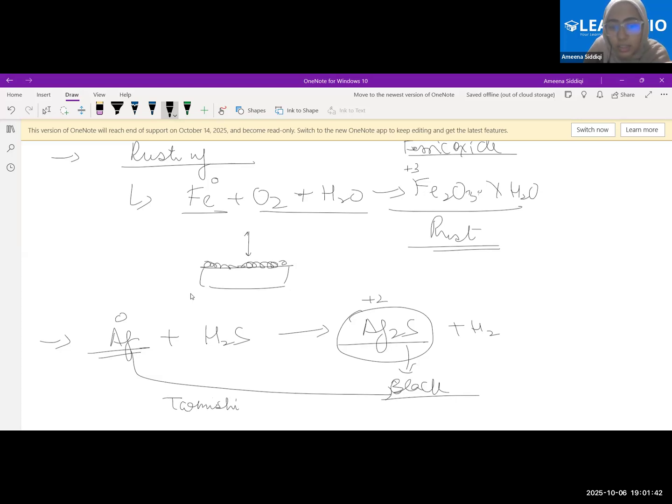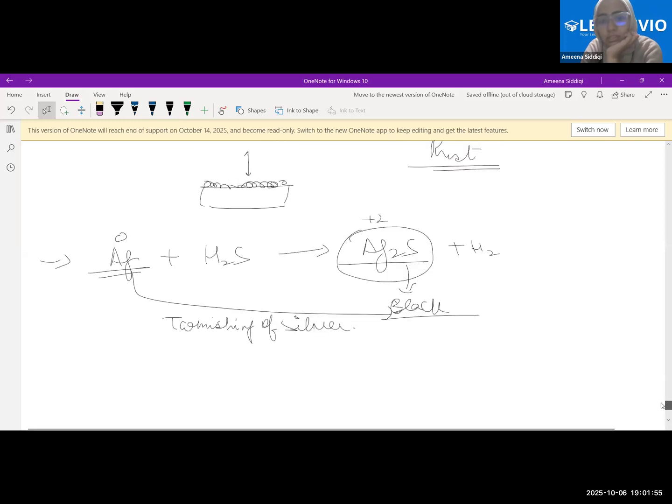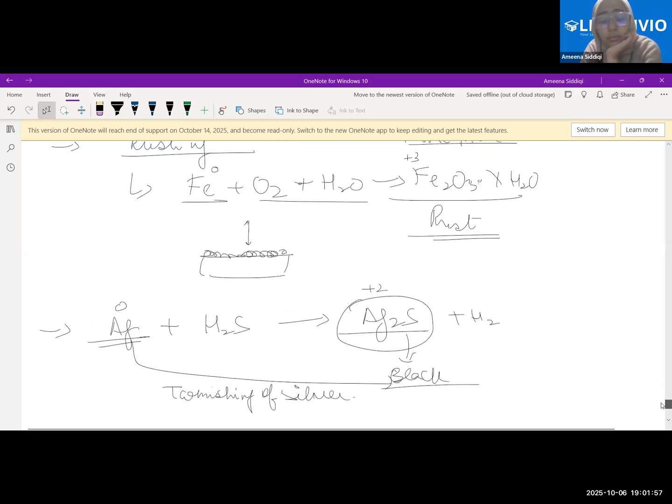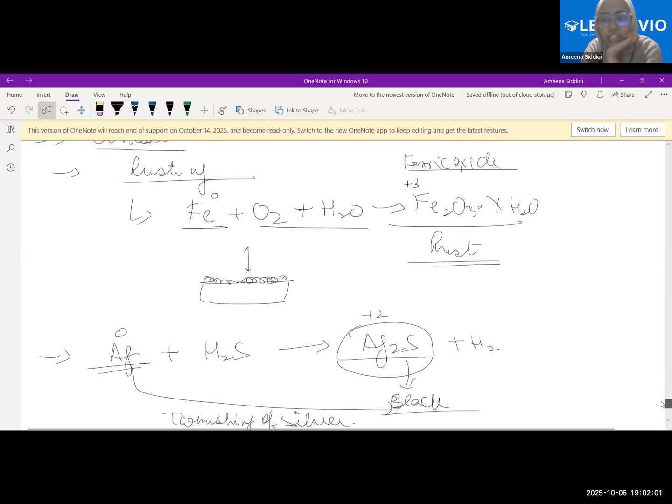What do we call this? Tarnishing of silver. Clear? How do you spell tarnishing? T-A-R-N-I-S-H-I-N-G.